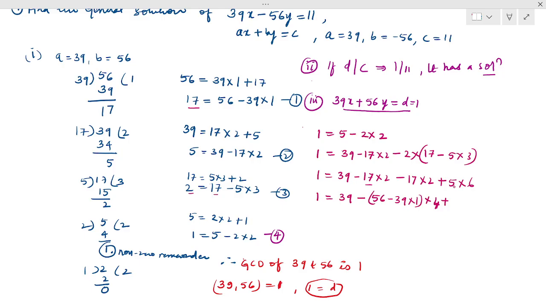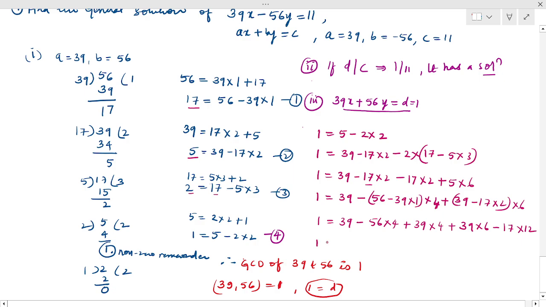Plus, what is the value of 5? You can substitute once again 5. 5 is 39 minus 17 into 2, multiplied by 6. Okay, 1 is equal to 39 minus 56 into 4, minus minus plus 39. 1 into 4 is 4. 39 into 6, minus 17 into 2 6 is 12.